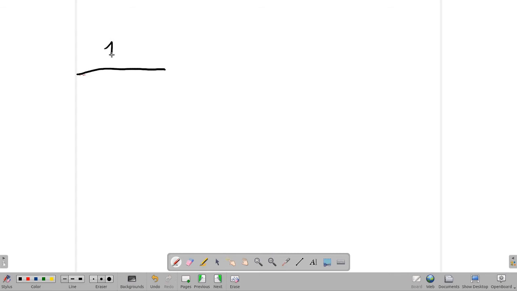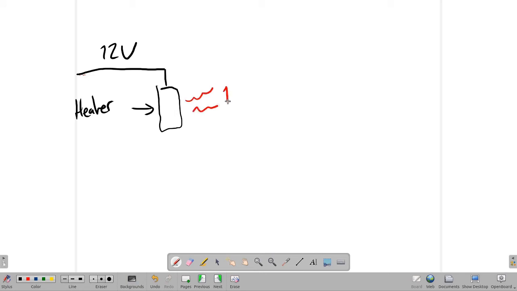We've got a 12 volt battery going through some kind of heater, which dissipates 1 kilowatt. So that's 1,000 watts. And we're down at the ground here, so 0 volts.